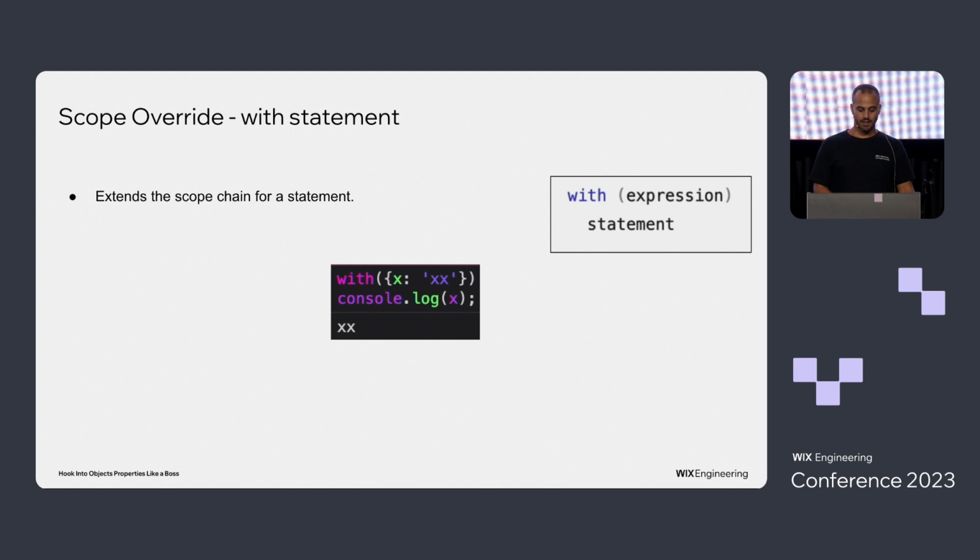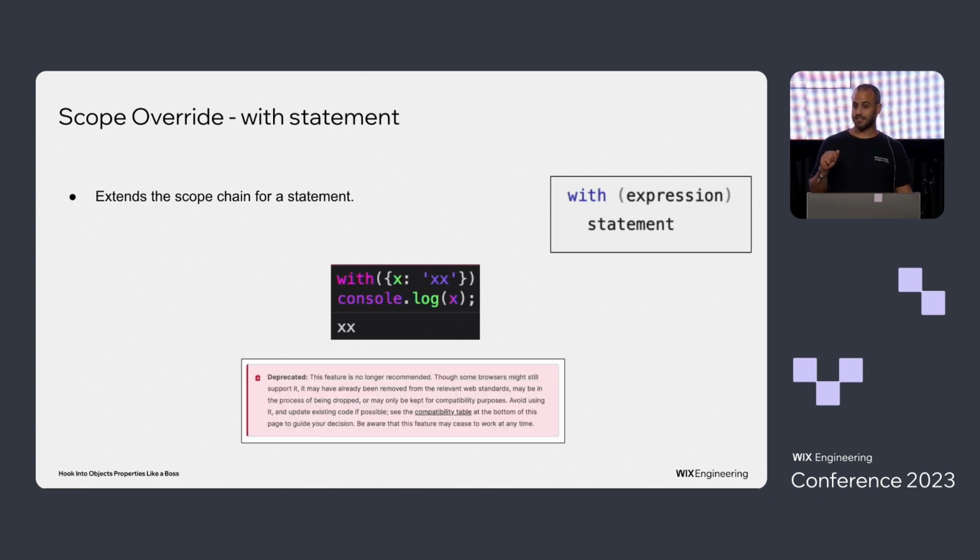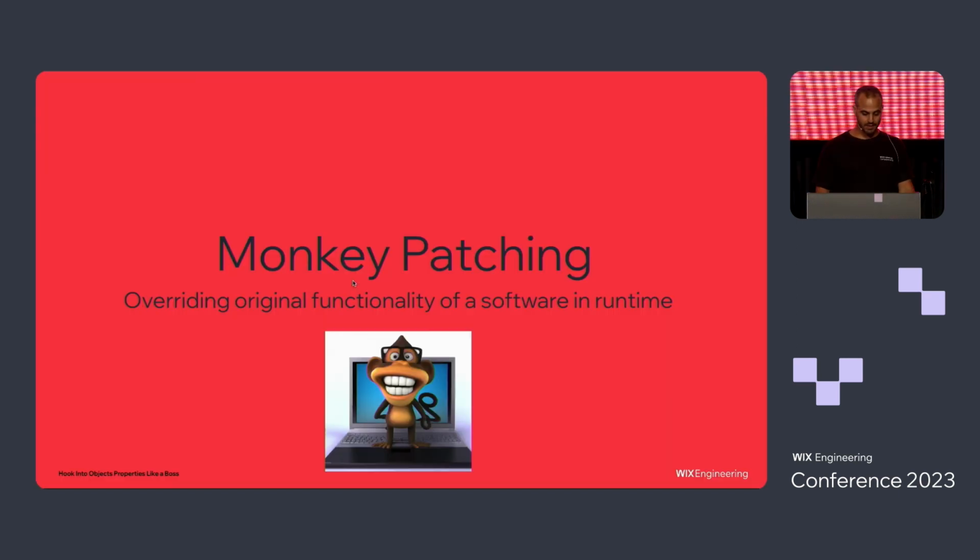It means that if I write with some object X, the next statement that will be executed after the with will have the scope of X. So I'm just getting more stuff into my scope. But you need to remember that it's deprecated. Still, it's being used in a lot of places today, and it will be replaced with some proposals that we will see in the further slides.